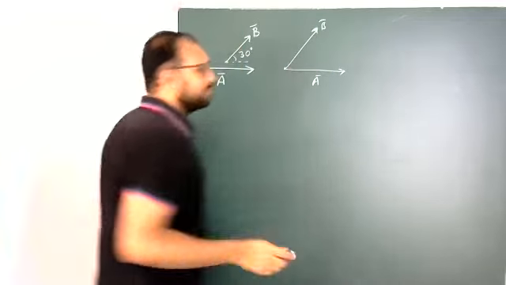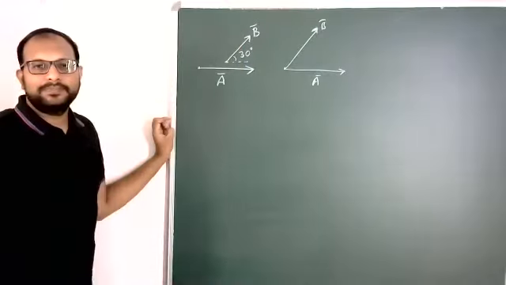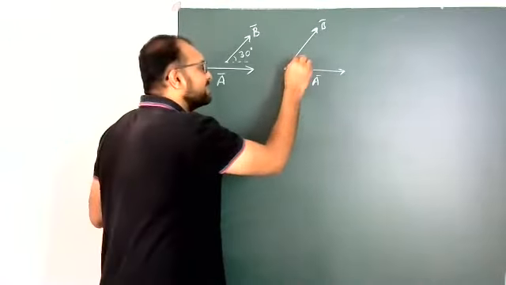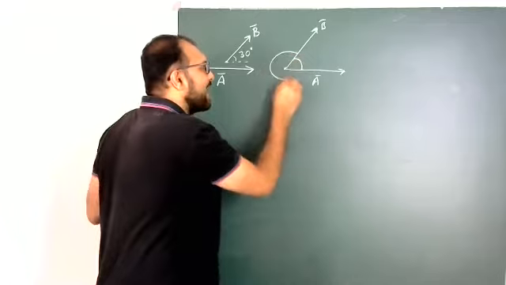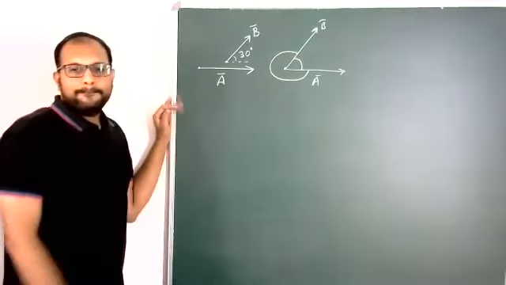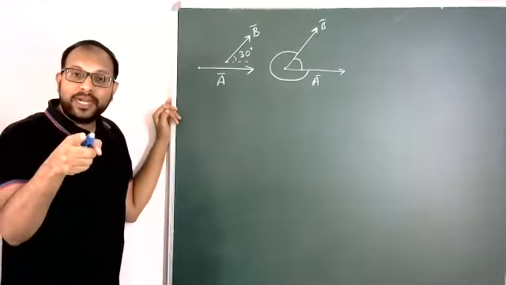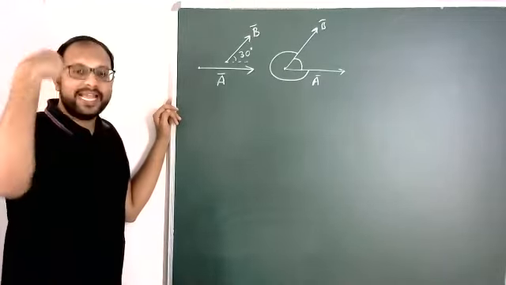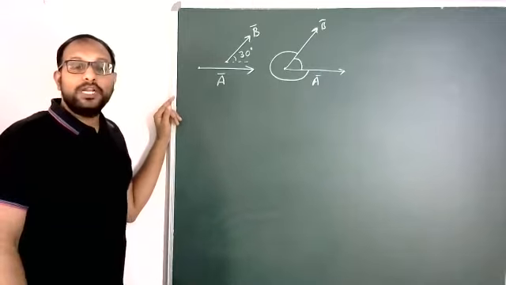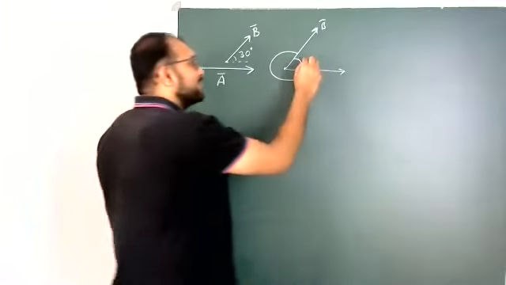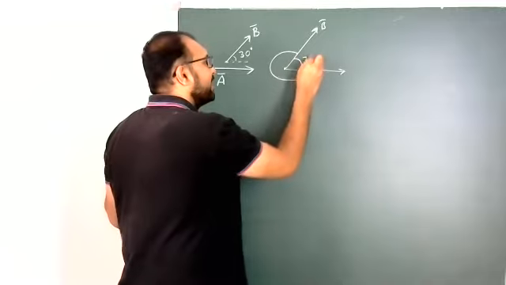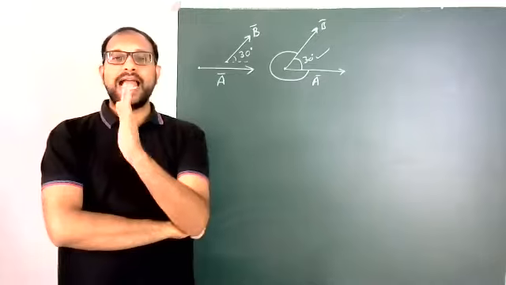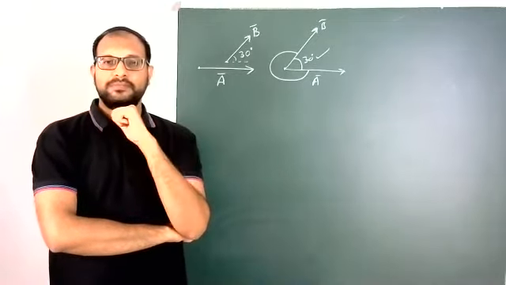Now the tails are in contact, now find the angle. This angle and this angle: one is less than 180, another is more than 180. Don't take the angle more than 180, only the one less than 180 is the angle. For example, here 30 degrees is the angle between the two vectors.